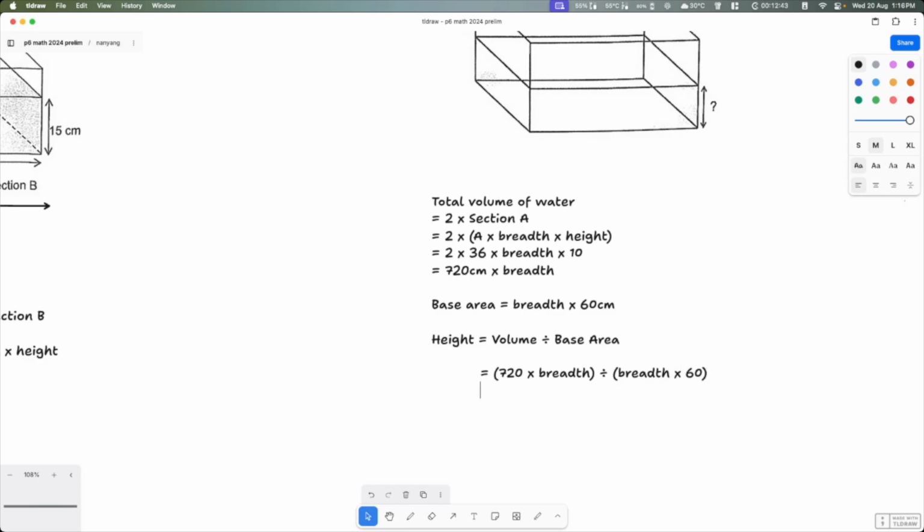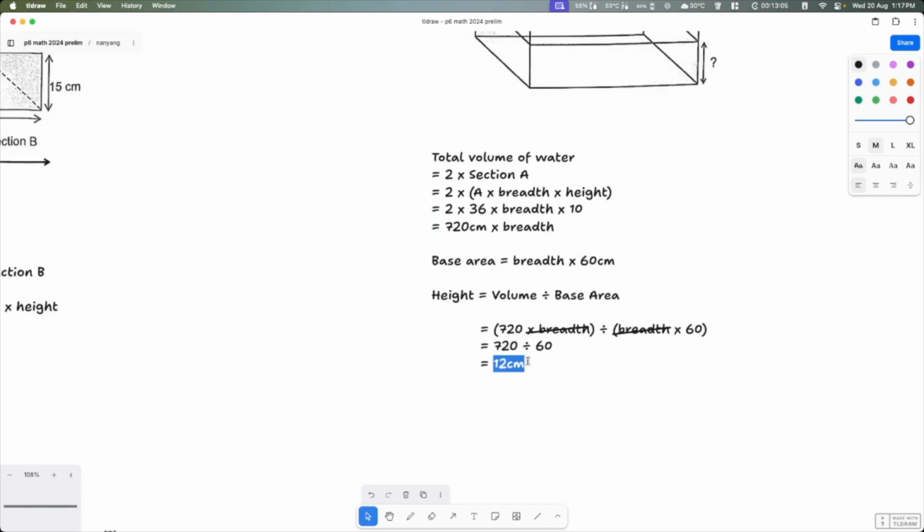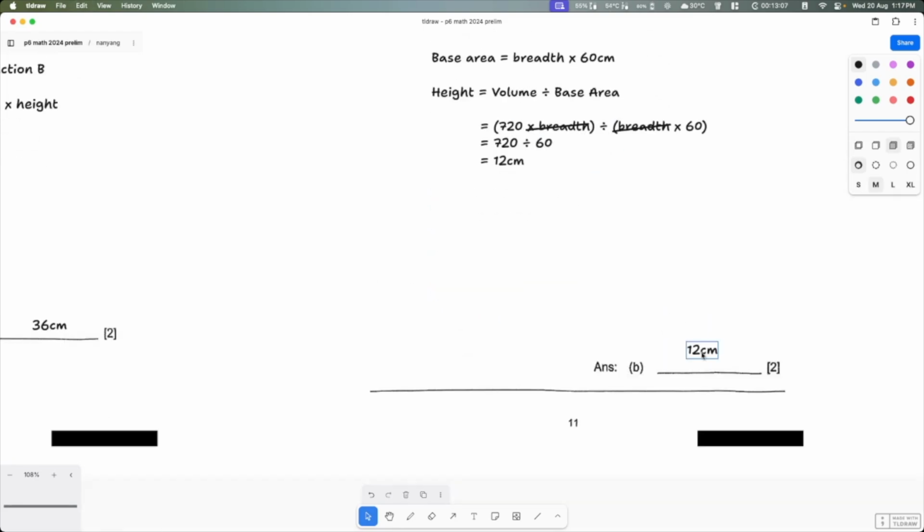We can cancel out the breadth. That means this becomes 720 divided by 60, and the height of the water will be 12 centimeters. There you go, that's your answer. The height is 12 centimeters.